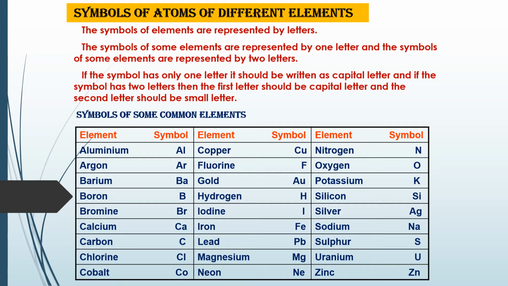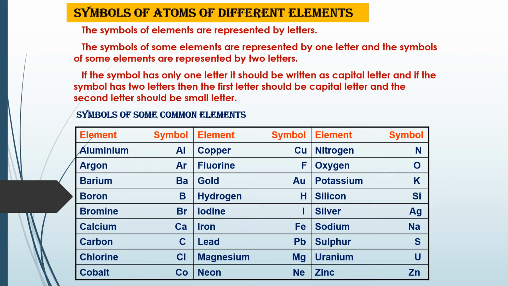That happens when, for example, aluminium starts with A, argon also starts with A, gold also starts with A, silver also starts with A. So we cannot use just the first letter of the element, and it is substituted with another letter. For gold and silver, it is the Latin name letter that is taken. So sometimes it has two letters.